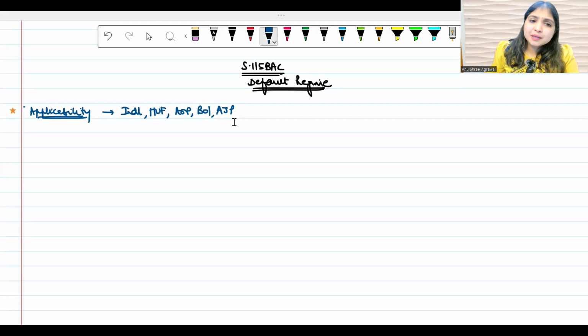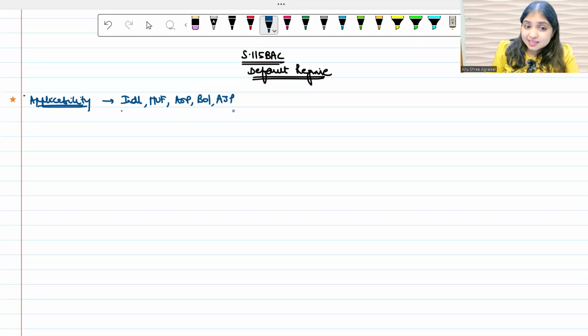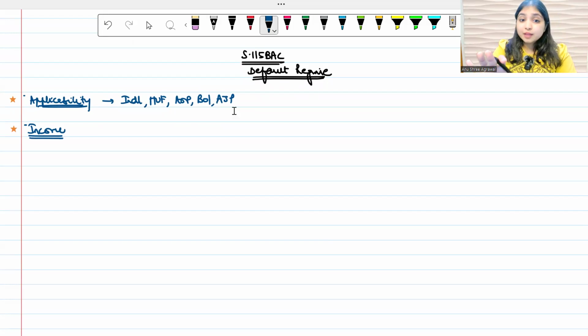This is the assessee to whom the section is applicable. But what about income? Is it applicable to all the incomes of the assessee? When I say all the incomes, I am actually targeting the special rate incomes. Will this section apply to special rate incomes also? No. Whatever are your special rate incomes, they will continue to be taxed at the same special rate only.